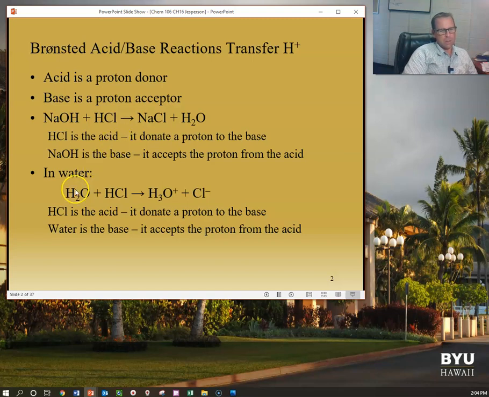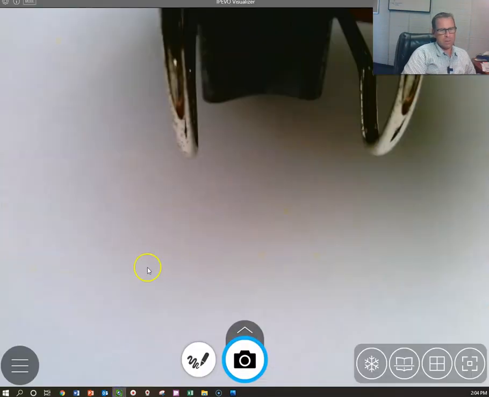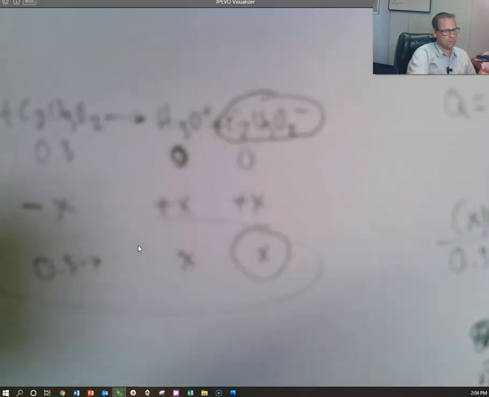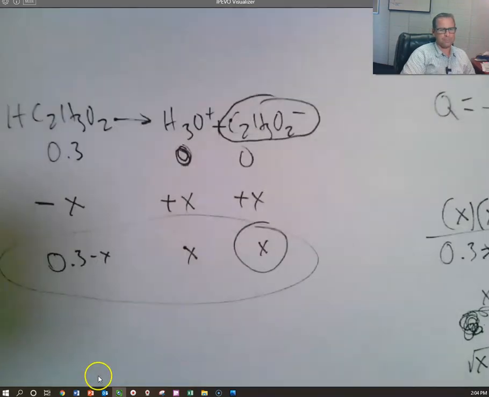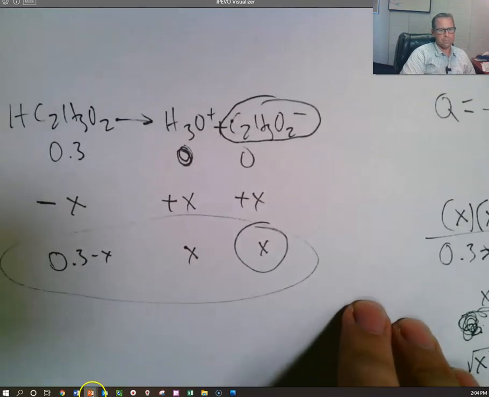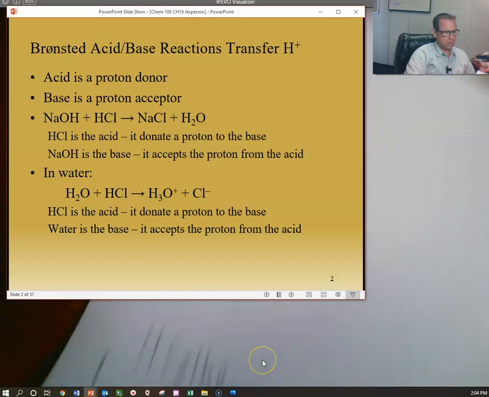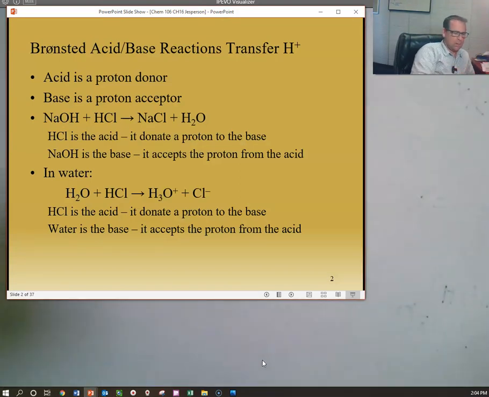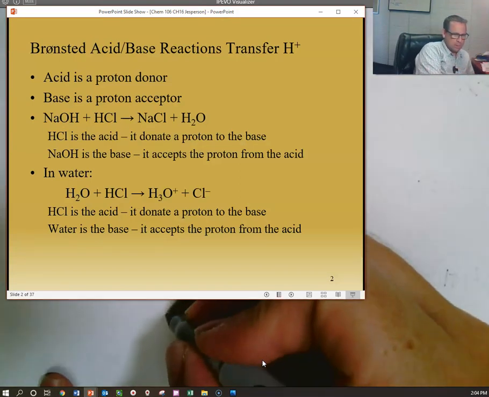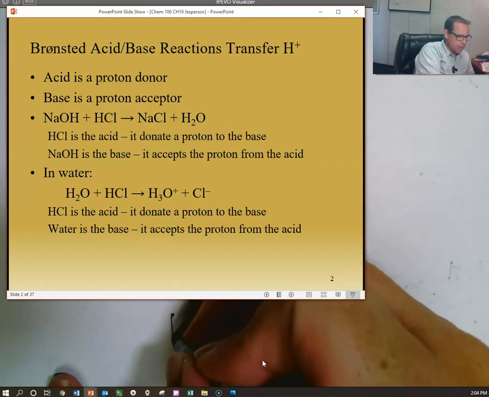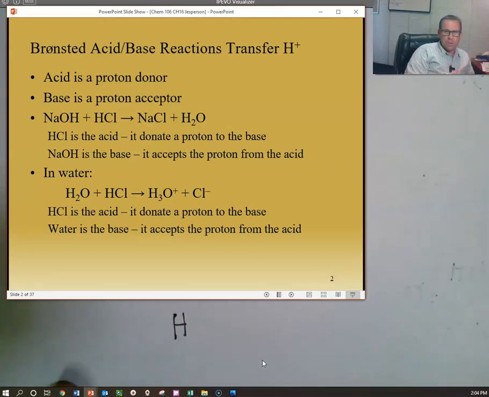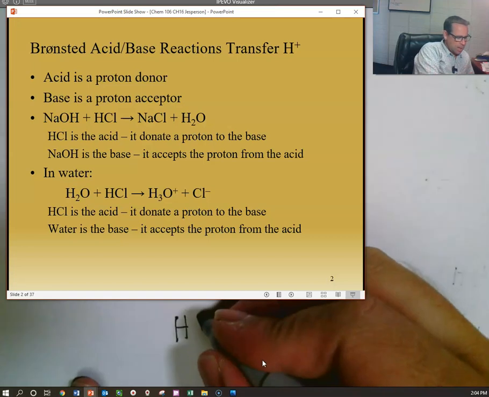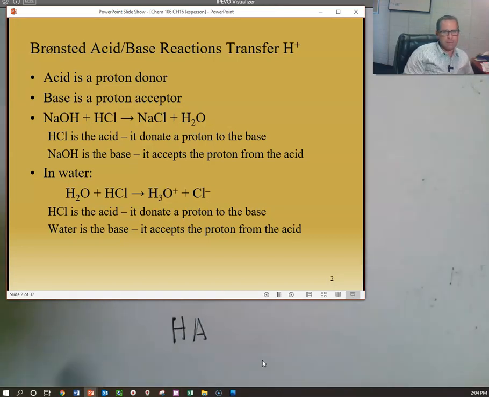Okay? Let me bring this up here and remind everybody what we're talking about when we say an acid. The general formula for an acid usually starts with a hydrogen ion, and the rest of it we'll just say is A, meaning the anion.